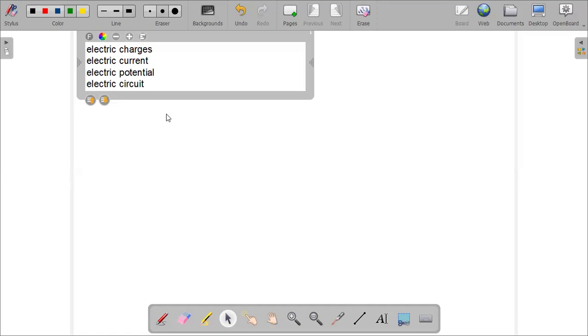So is everyone clear? Sumukh? Yes, sir. So what are electric charges? Siddhisri, what are electric charges?